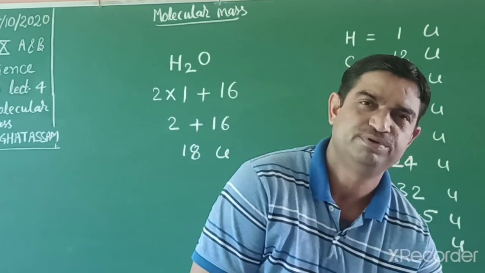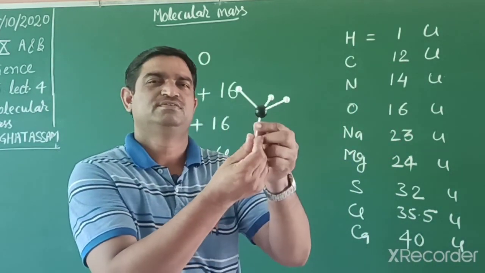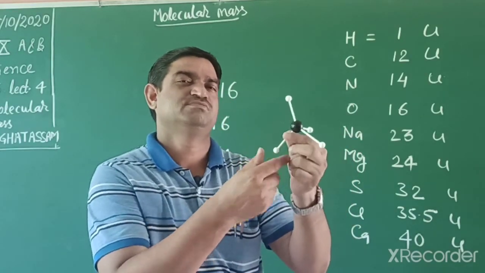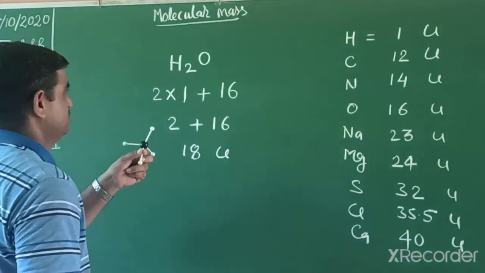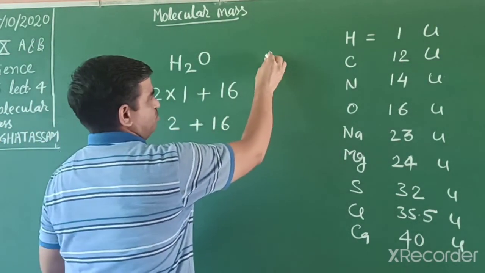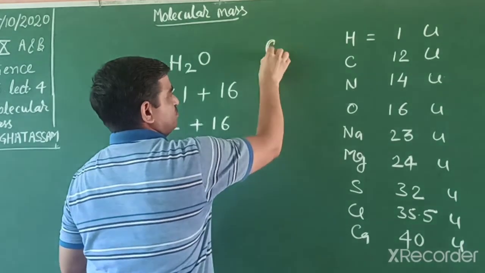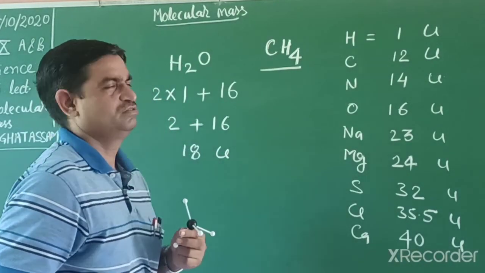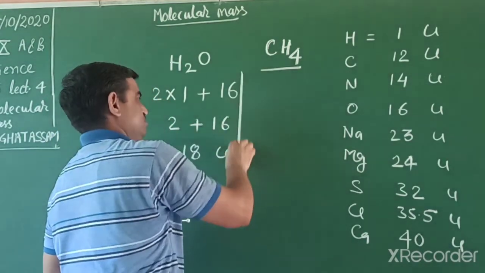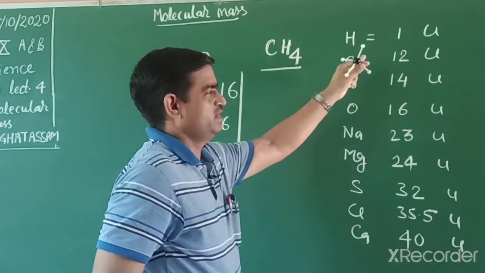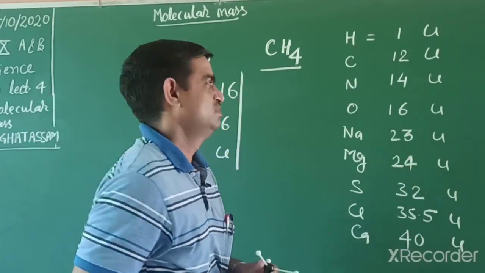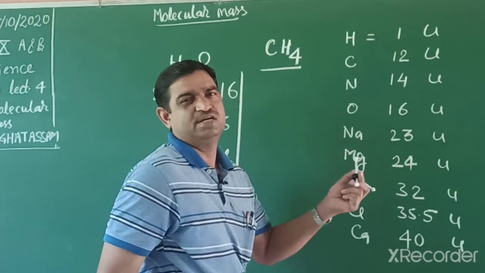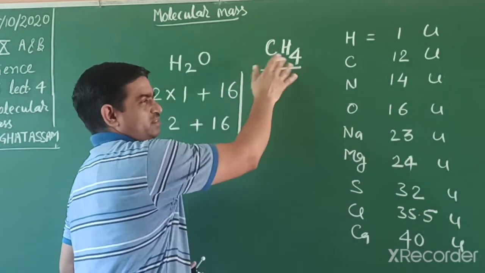Another molecule we can explain like this, friends. This is a molecule of methane, which is a gas, and we can calculate the mass from its molecular formula, CH4. Hydrogen and carbon masses are given in the table.